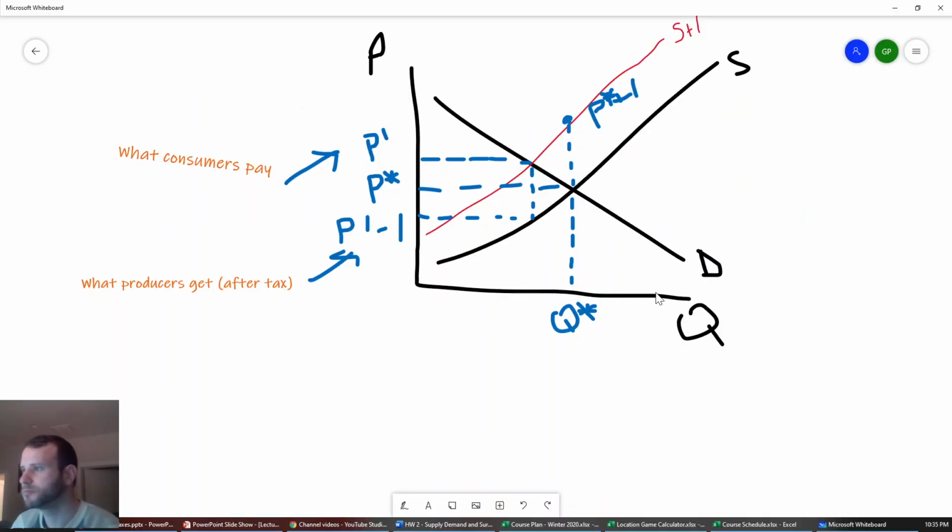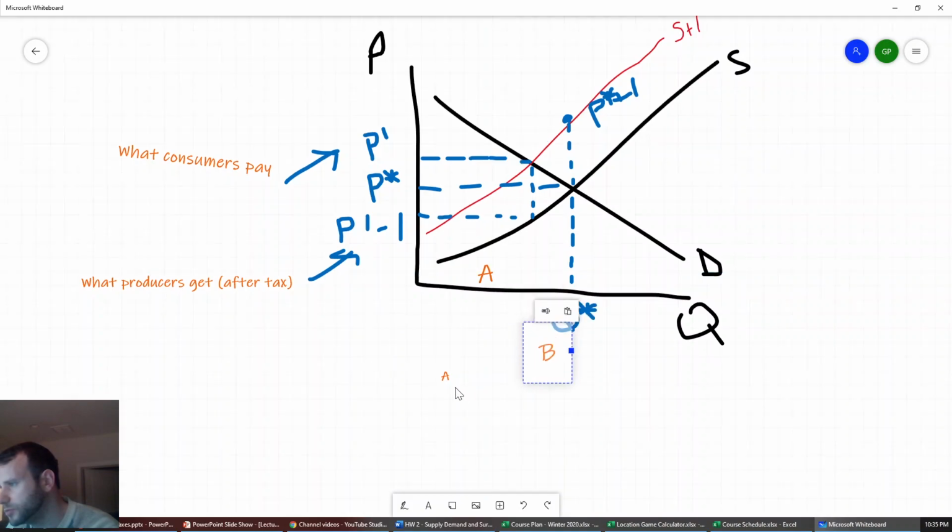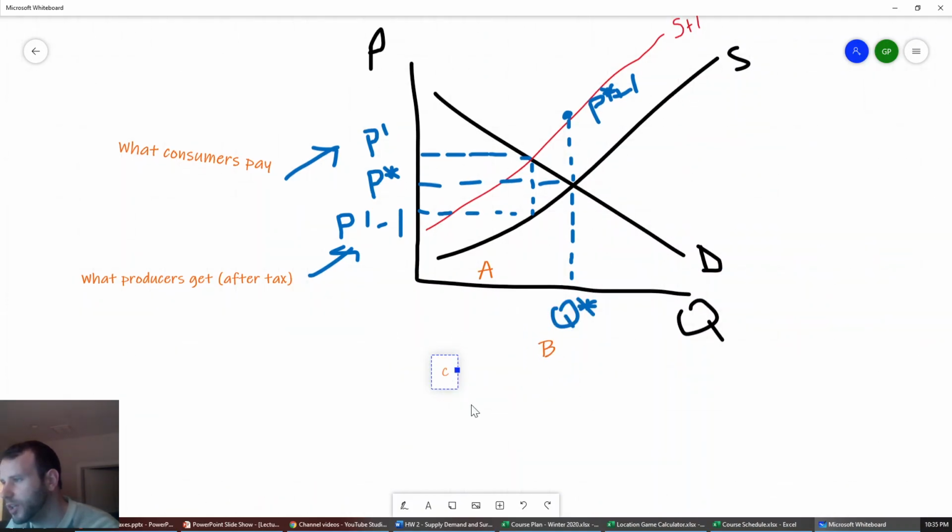Okay. So let me make this bigger. I'm going to label a few different areas that I've divided up.